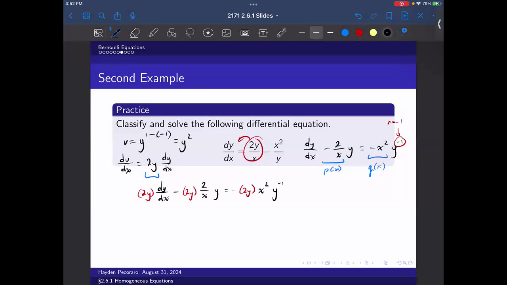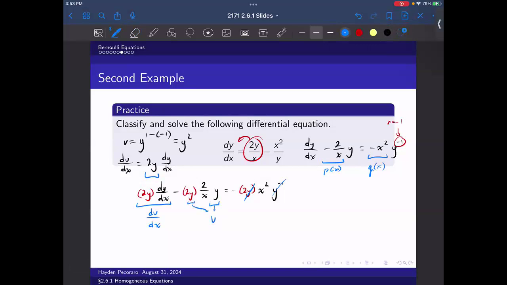Right, so now once more we get our cancellation, and we have to make sure that we do all of our substitutions. This part is dv/dx. That y and that y together are going to give us v, and then these just cancel out, and then the rest of the stuff in our differential equation is that way.